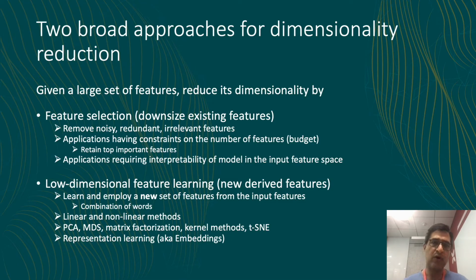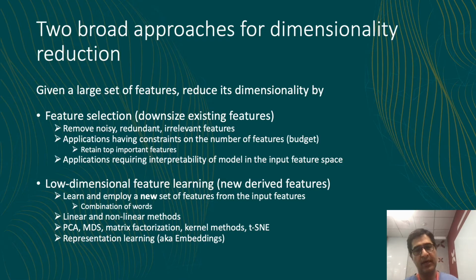Or you could have applications where you have a certain budget on the number of features. So these could be online applications where adding features increases your latency overall in terms of the model evaluation.